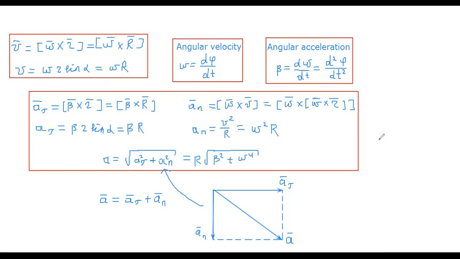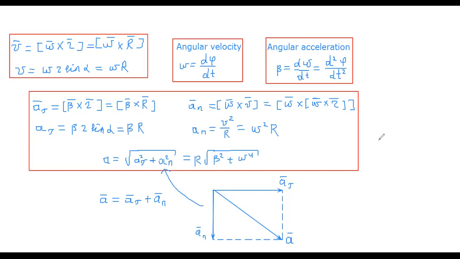Okay. Let's have a few words about planar motion. What is planar motion? Planar motion of a rigid body is motion when all points of the body move in parallel planes.